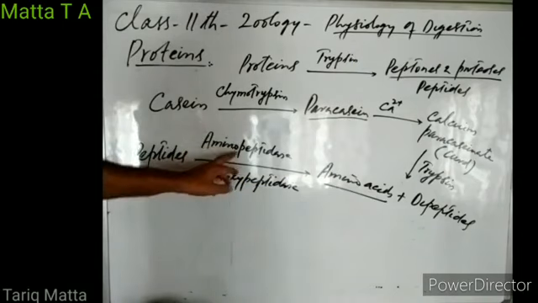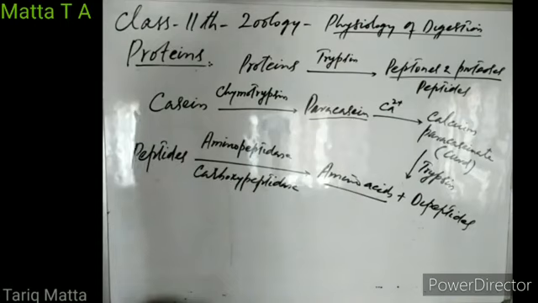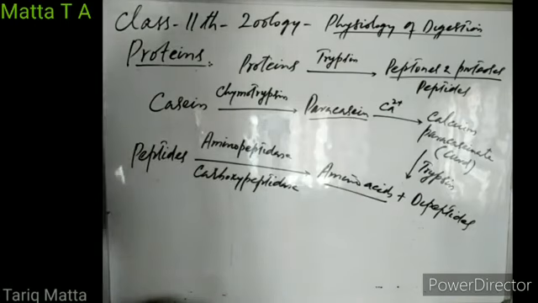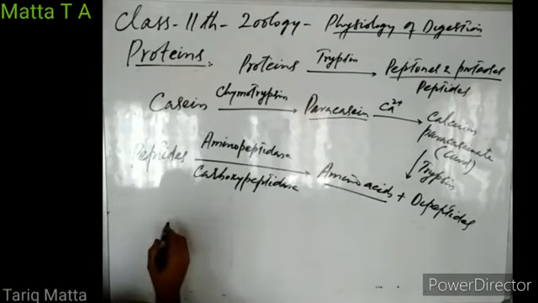So how do these aminopeptidases and carboxypeptidases work? As I told you, a polypeptide chain has two ends. Suppose this is a polypeptide chain.